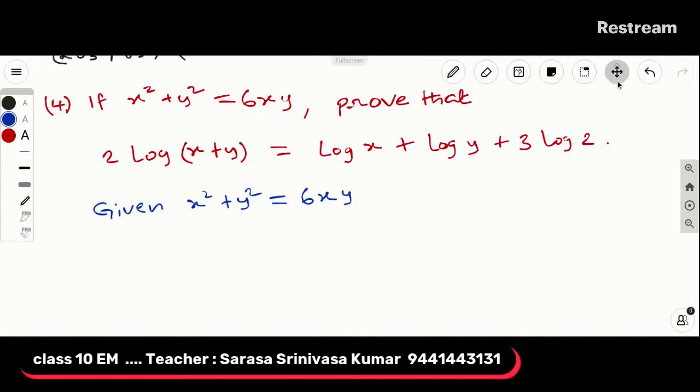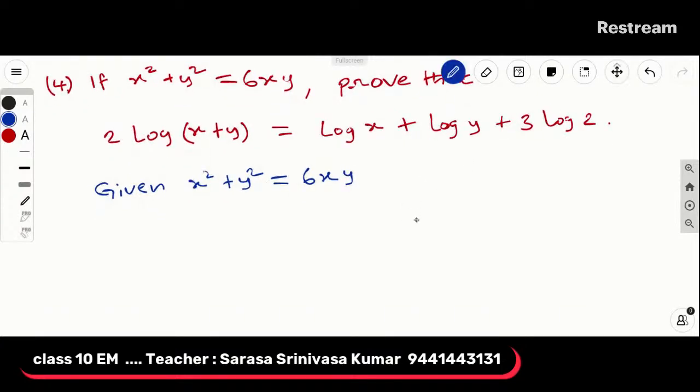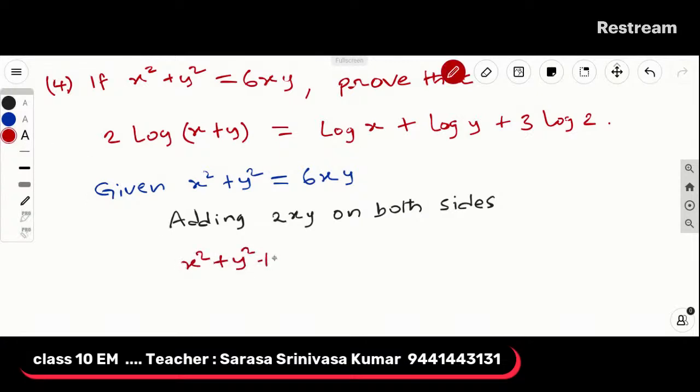To get this form, we add 2xy on both sides. Adding 2xy on both sides, we get x square plus y square plus 2xy equal to 6xy plus 2xy.